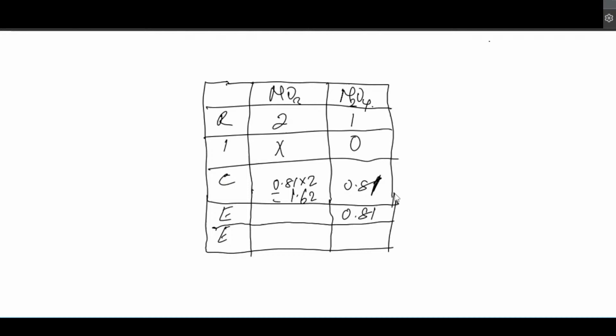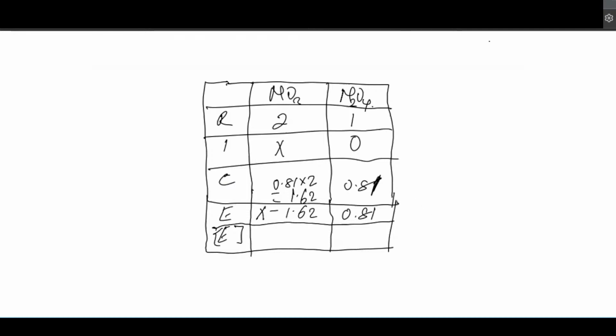So now I need to know the number of moles which remained at equilibrium, but I started with x. Therefore, I'm going to say x minus 1.62. Those are the number of moles which remained. So what is the concentration at equilibrium?